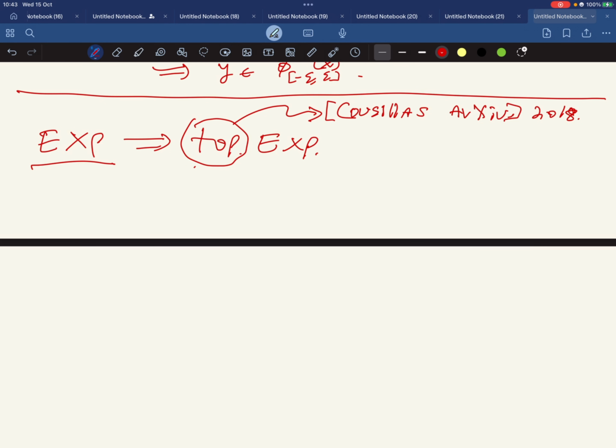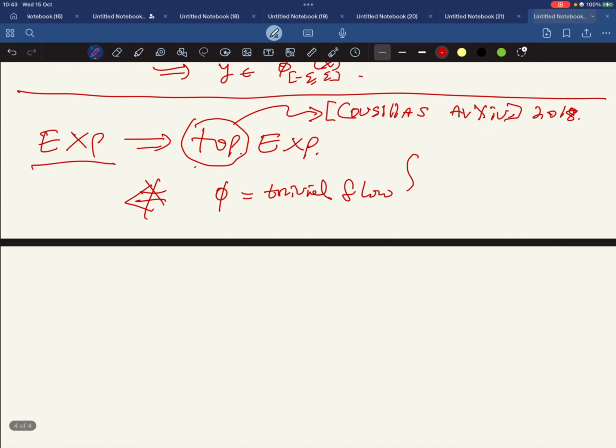So we have this implication: expansive implies topologically expansive. The converse is false. There is a simple counterexample. You pick the trivial flow phi, which means every point is a singularity.